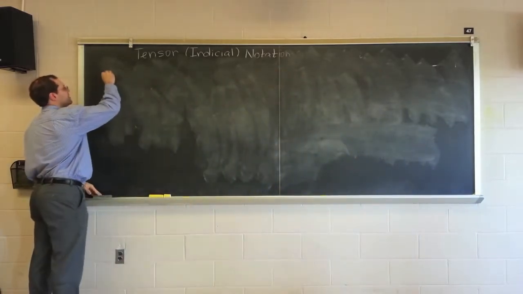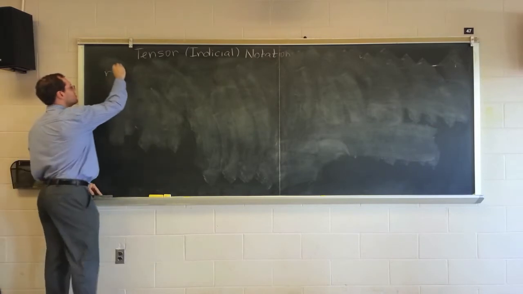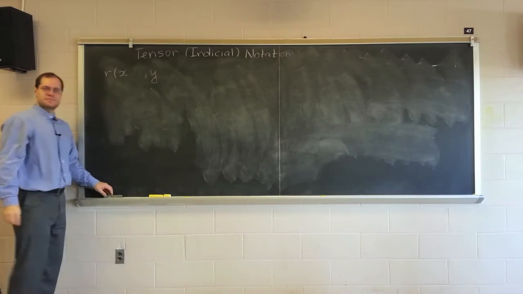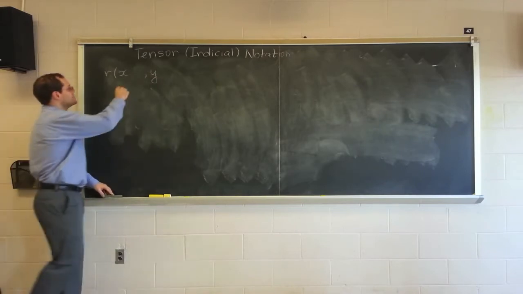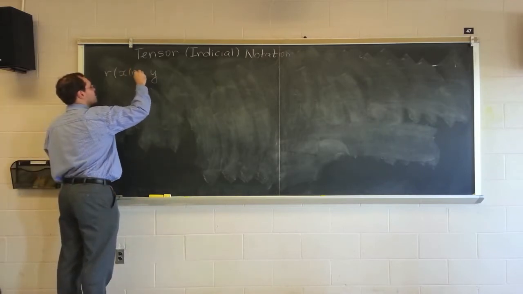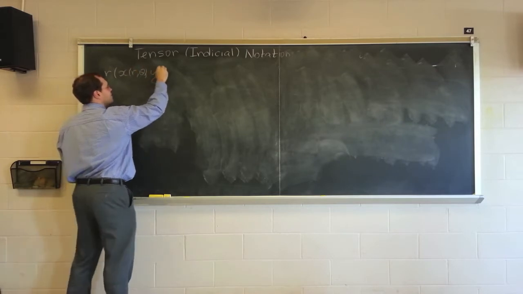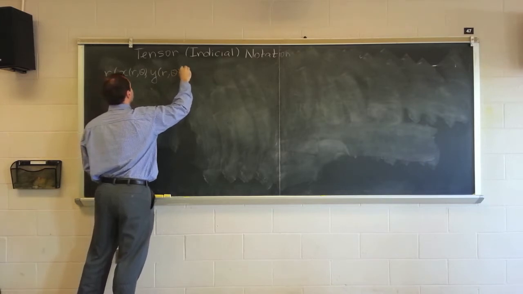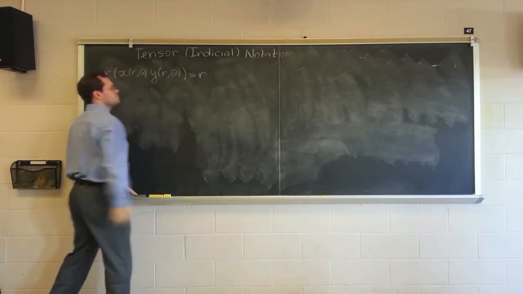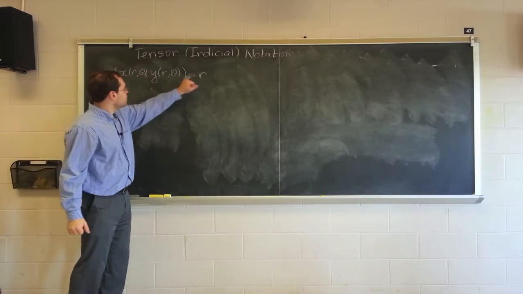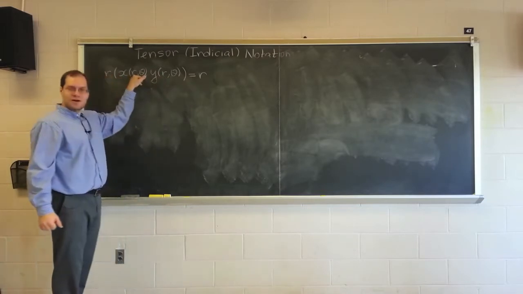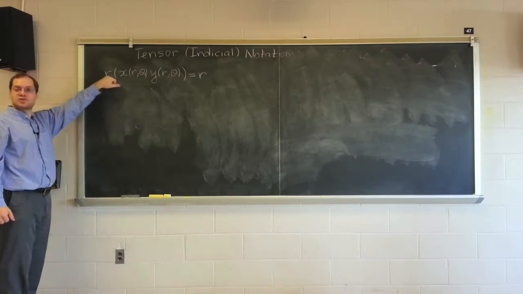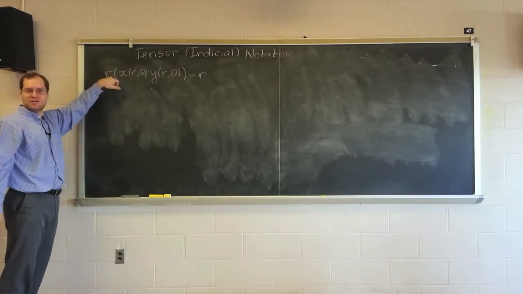If we have a second coordinate system, which is given to us in terms of the original coordinate system, and in this function we plug in how x depends on r and theta, and how y depends on r and theta, the result will be r, where this r and this r are the independent variables, and this letter r denotes the square root of x squared plus y squared if these are polar coordinates.